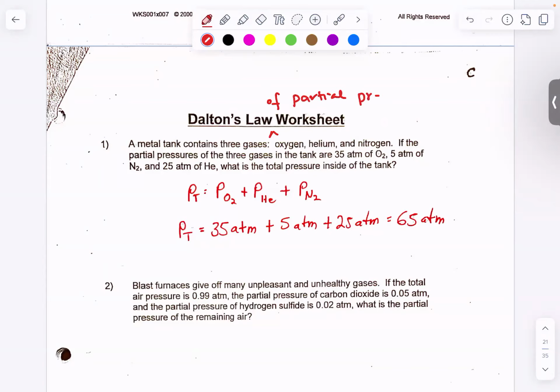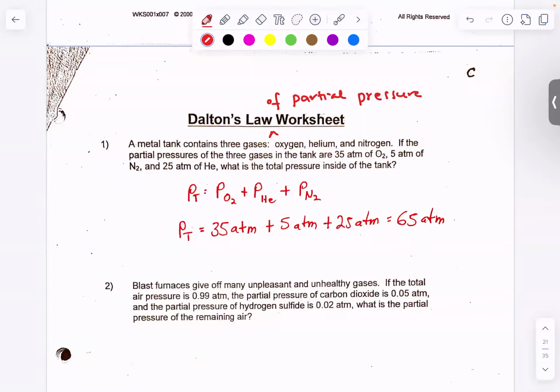Now, what is this law? Let me explain. Dalton is the name of the scientist. He says that the total pressure is equal to the sum of the partial pressures.